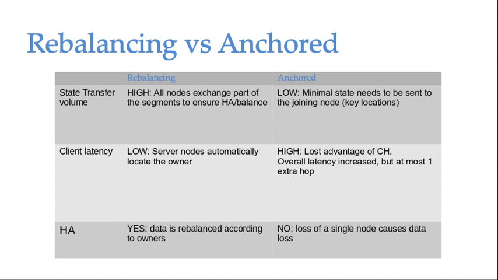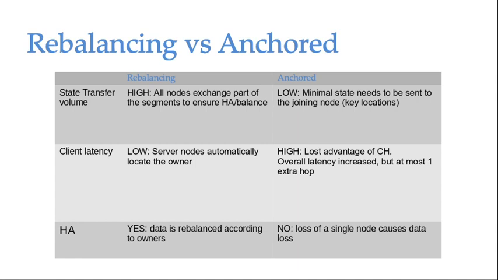With anchored keys instead, the state transfer volume is very low, and also CPU usage is very low. We just need to send all the keys and locations across to the new node.